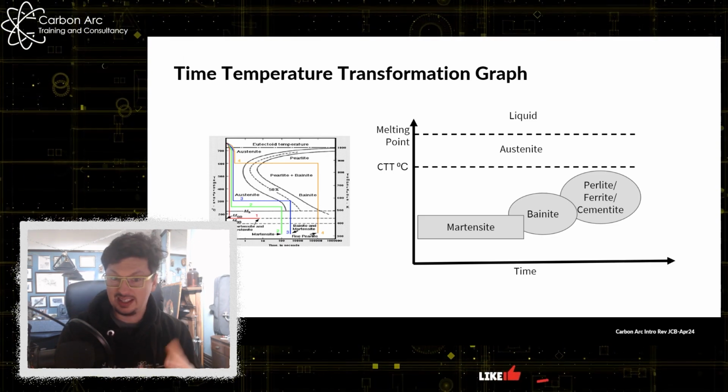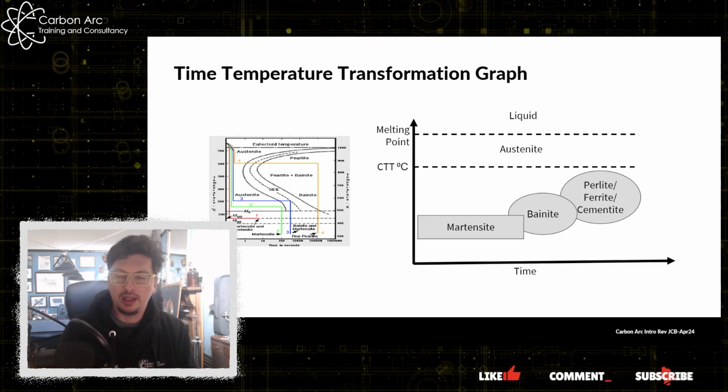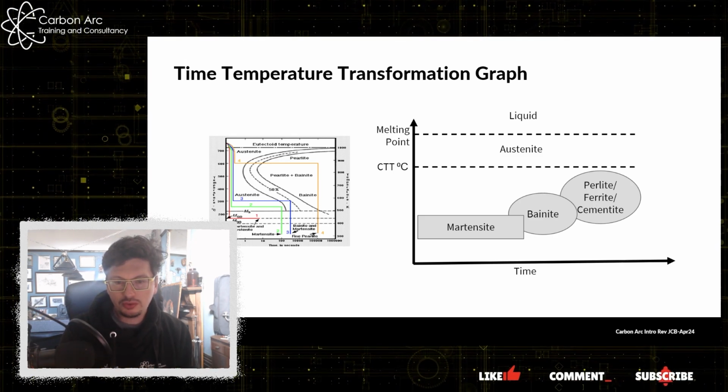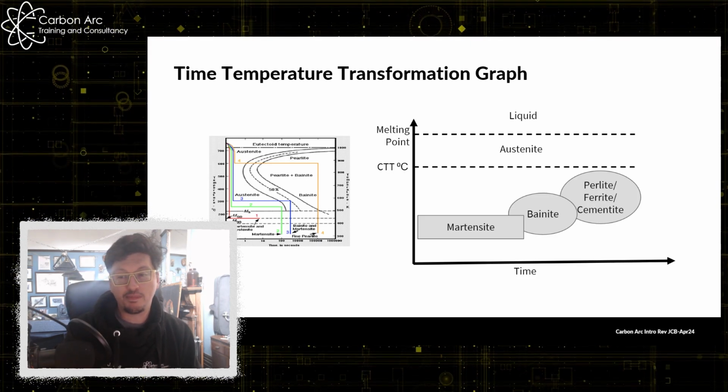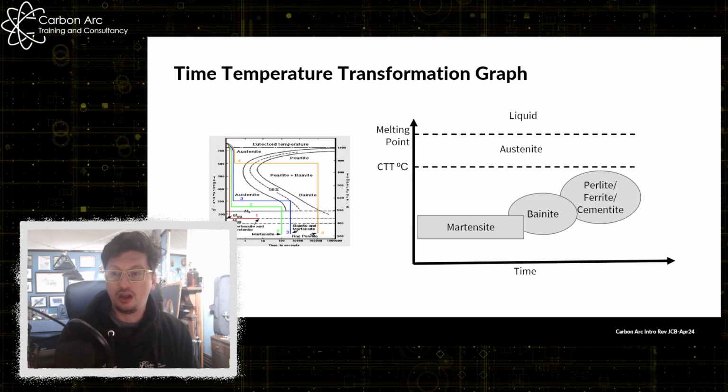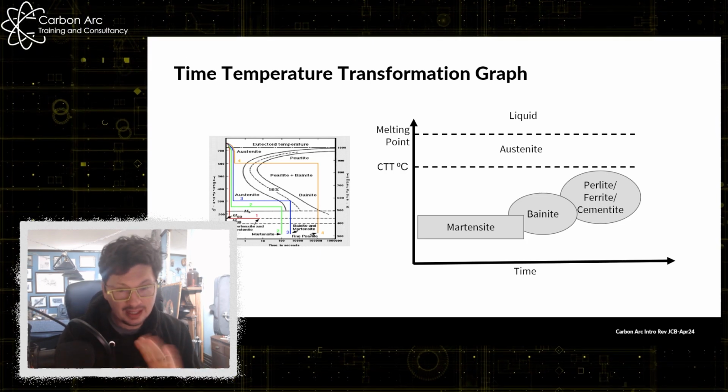Generally this is in the heat affected zone. So as it cools, it goes through all these points, and it's going to end up as either martensite, bainite, or pearlite and ferrite, cementite, bainite mixes.